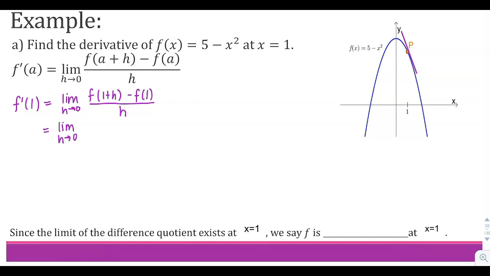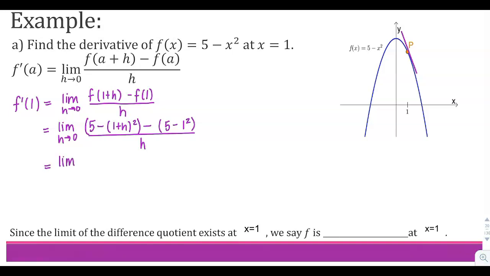So if I plug 1 plus h in, I get 5 minus 1 plus h squared minus, now I'm going to plug a 1 into 5 minus x squared, so 5 minus 1 squared. We'll be careful, we'll put parentheses around each piece in that numerator, all over h.